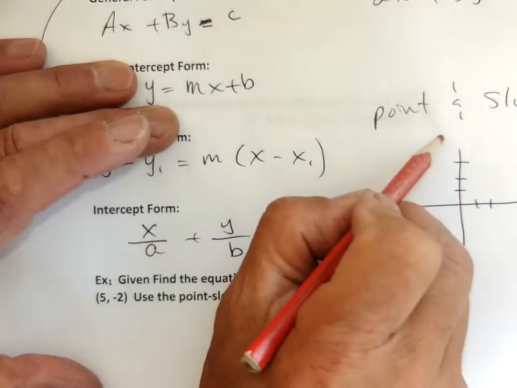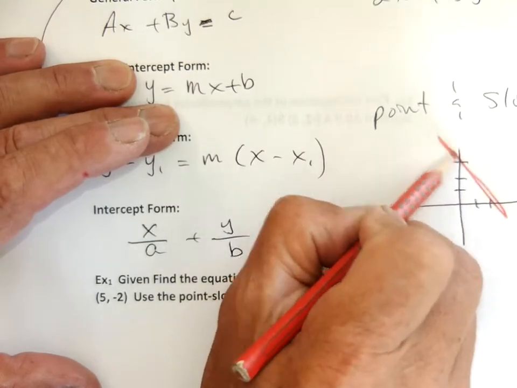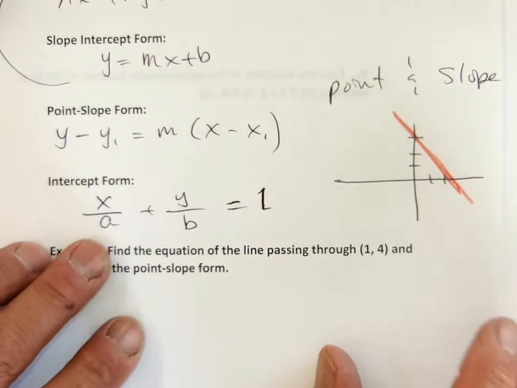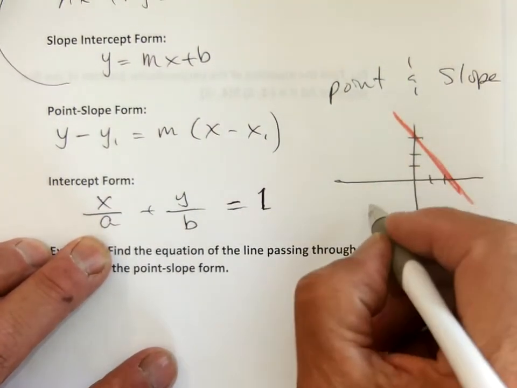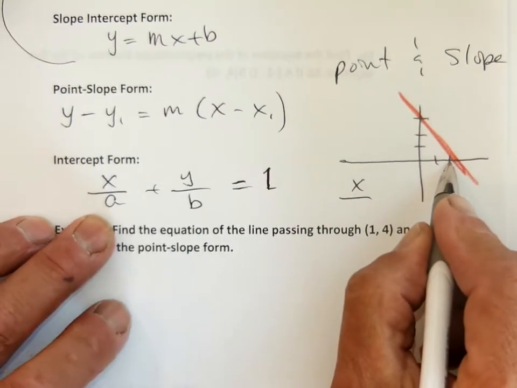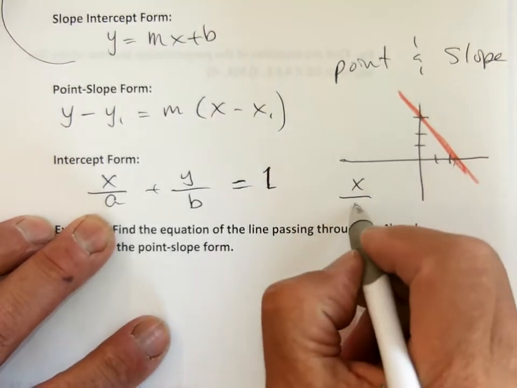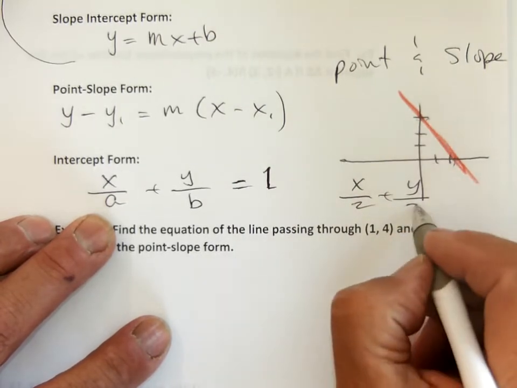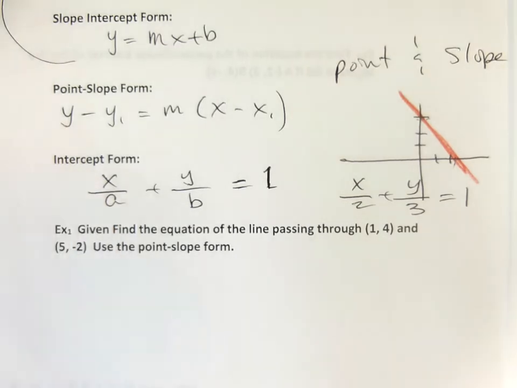If you have a graph, again, I don't use this one very often because you can see it's not that handy. I would write this as an example, x over 2. You see the x-intercept? x over 2 plus y over 3 equals 1, okay?